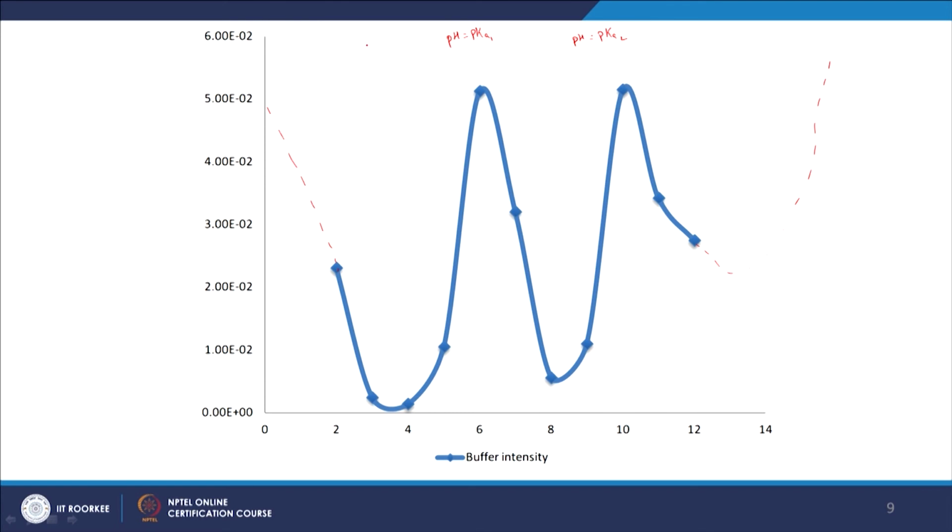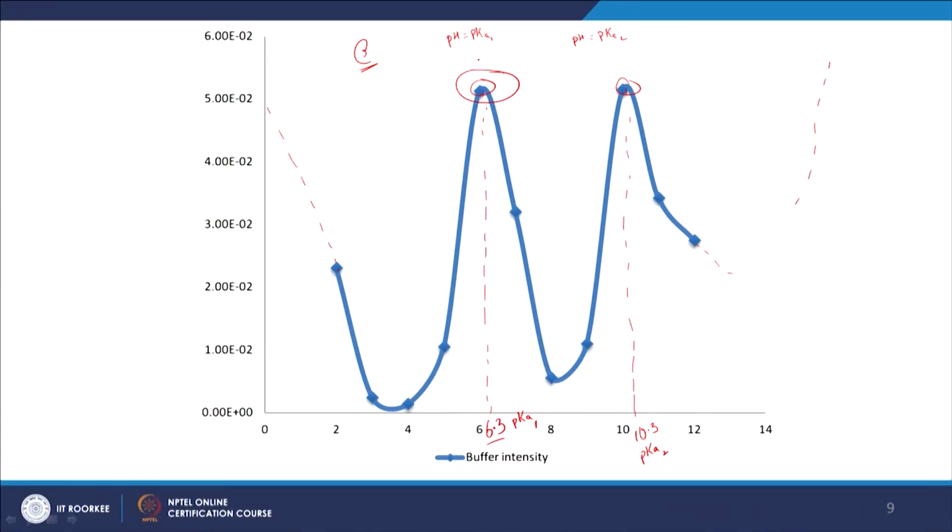Obviously the buffer intensity is going to be maximum in those cases, and these are the two relevant points here. When I look at where that goes to, it should be 6.3, which is the pKa 1 of your carbonate system. And here it should be 10.3, which is pKa 2 of your carbonate system.